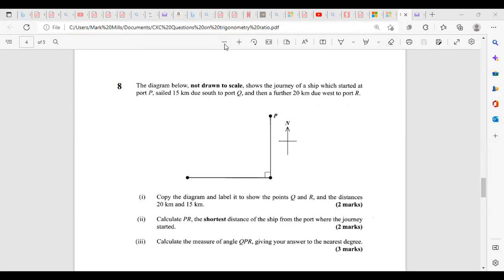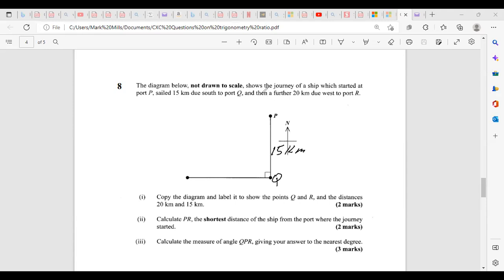At this point here, which letter will I put? Q. You put Q here. Now from P to Q, what is the distance? 50 kilometers.